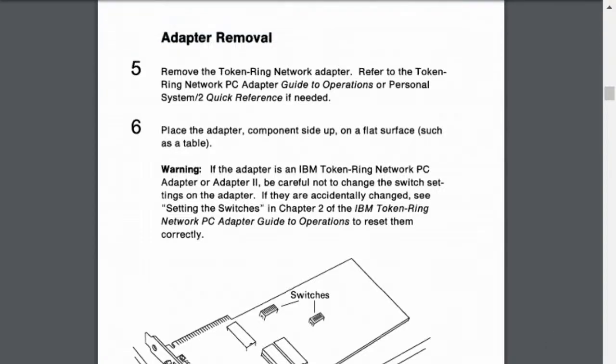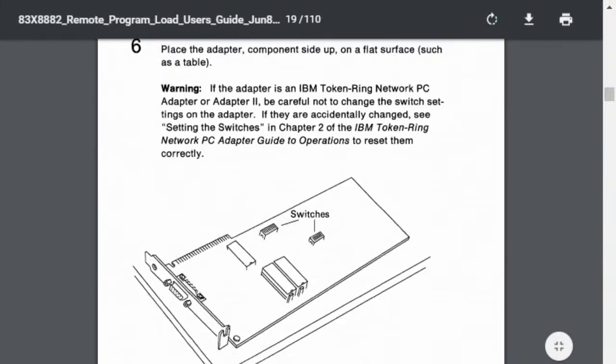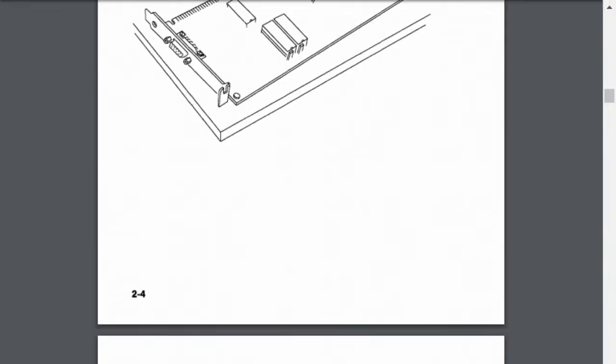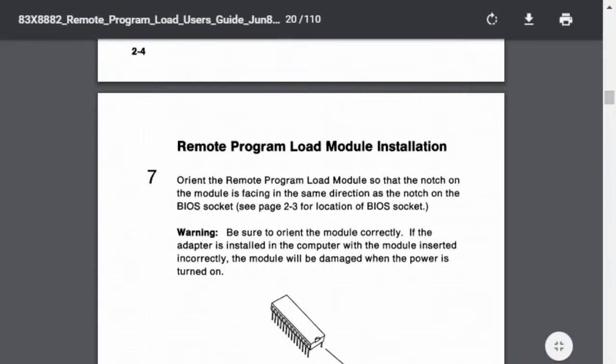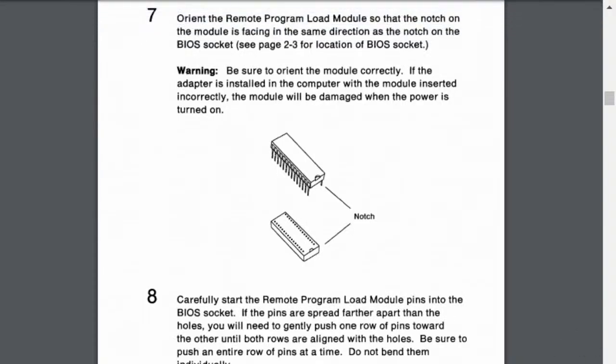So you didn't need a separate boot ROM chip like you did with Ethernet. They figured that if they had chips with code on it, they'd just put all the functionality into those EPROMs that were already on board. Okay.